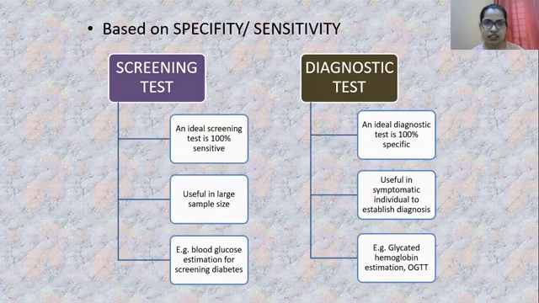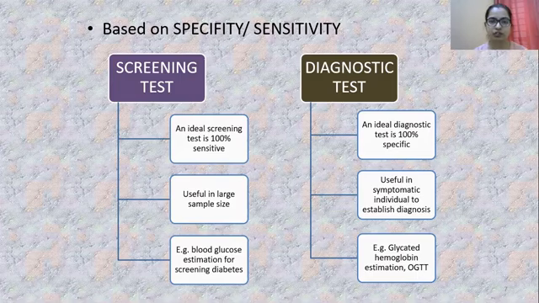Based on specificity and sensitivity, before explaining these tests, I would like to first clear these two terms, specificity and sensitivity. So 100% sensitivity means giving a true positive value, while 100% specificity means giving a true negative value.